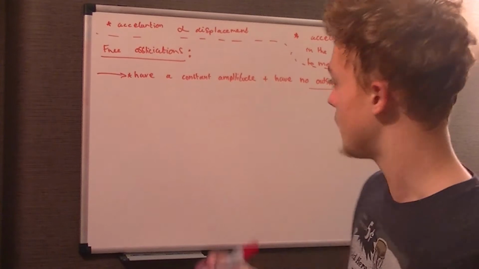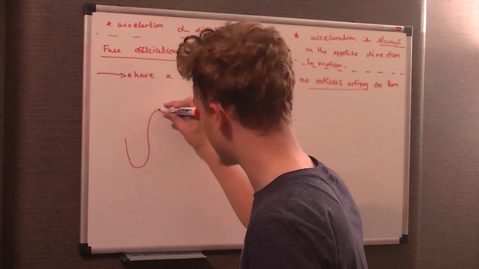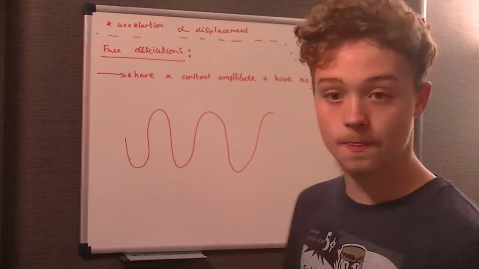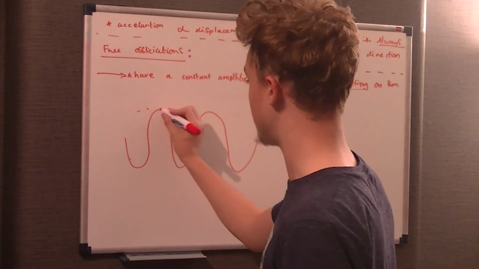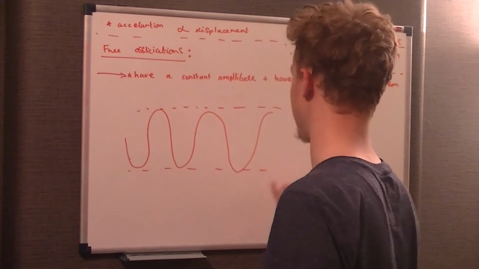So when we say amplitude, I'm going to rub this off. So that is a wave, hopefully, of constant amplitude, which means the troughs and the peaks of the wave occur at exactly the same point.